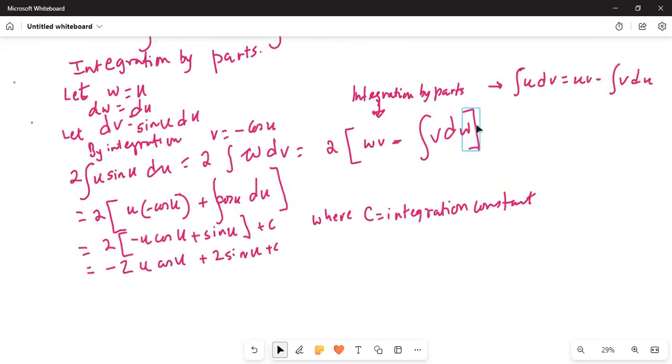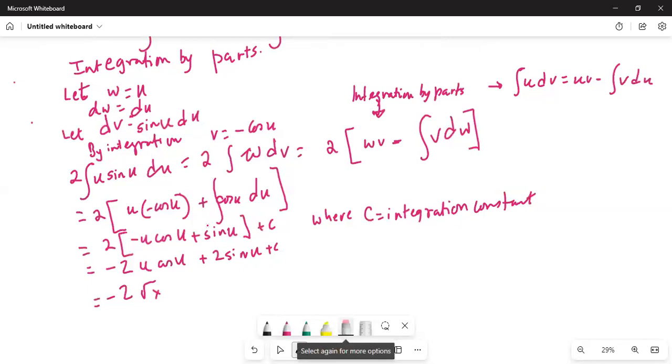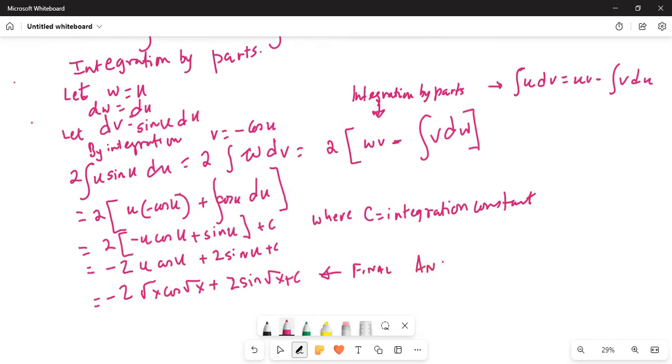Therefore this becomes minus 2 square root of x cosine square root of x plus 2 sine square root of x plus c. So this is your final answer.